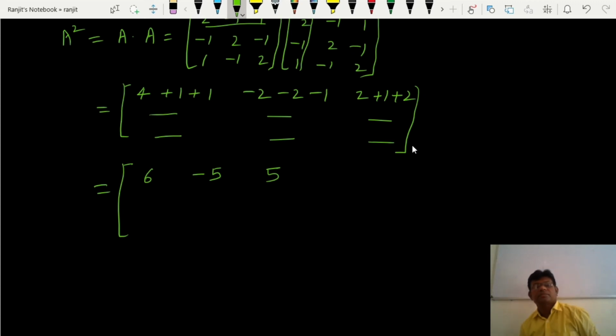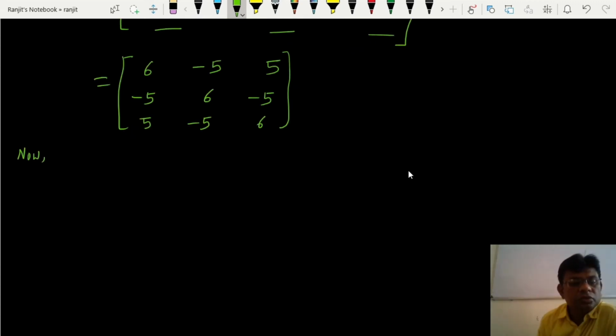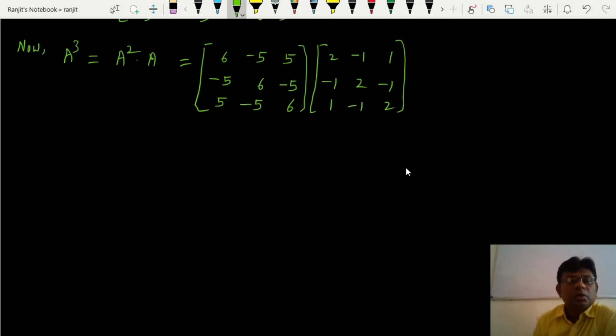Similarly, A to the power 3 is equal to A square times A. This is equal to A. Now multiplication of these two matrices is equal to this: first row in first column.